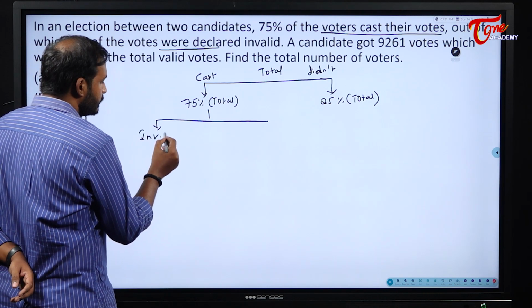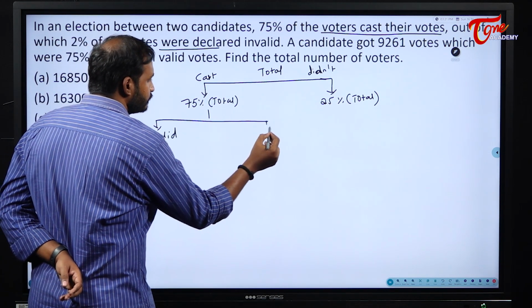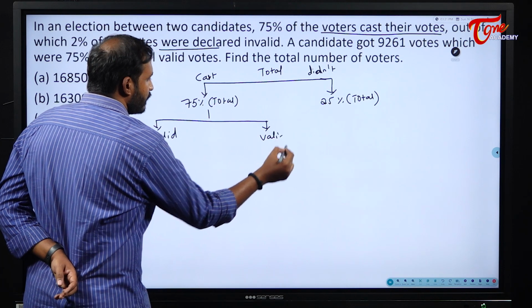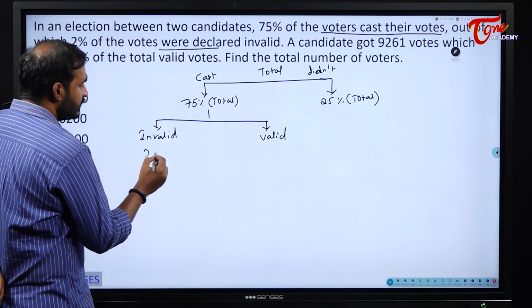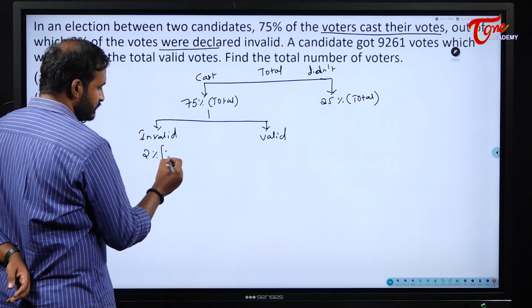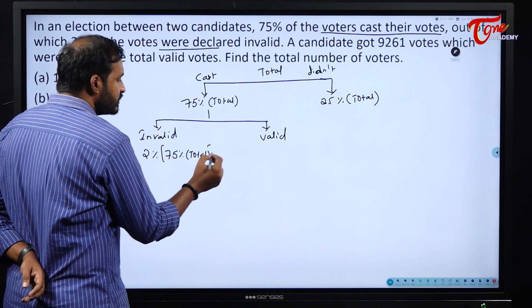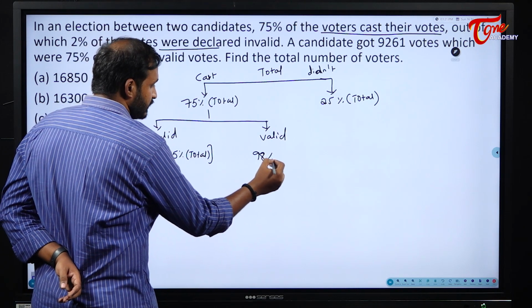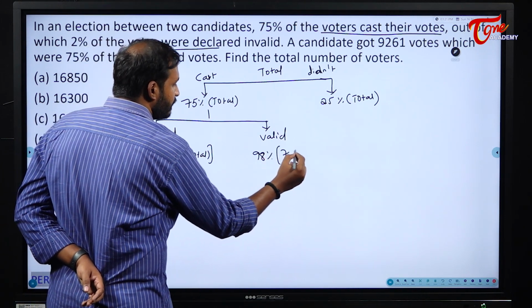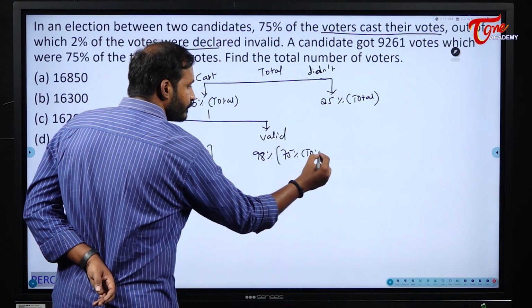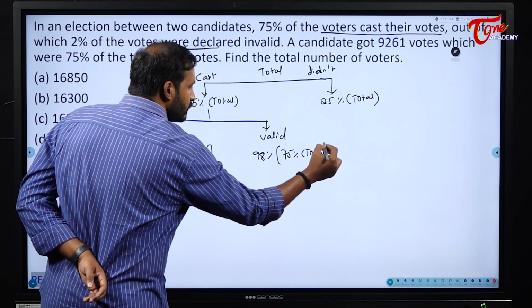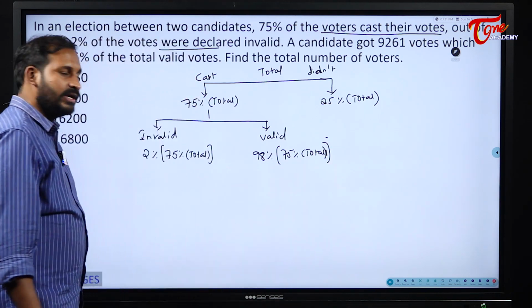Invalid and valid. Invalid were how many? 2% of these cast votes. So 75% of total. When it comes to valid votes, 98% of 75% of total. Okay, good. This is the valid votes count.